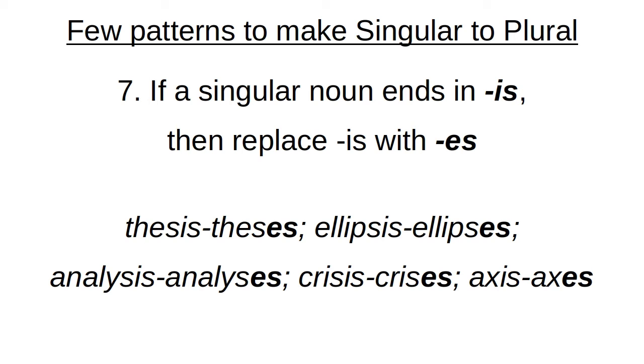Similarly, ellipsis, ellipses, analysis, analyses, crisis, crises, axis, axes. The singular is axis, plural is axes. The axis is the line, the horizontal axis and the vertical axis that we use in charts and graphs.